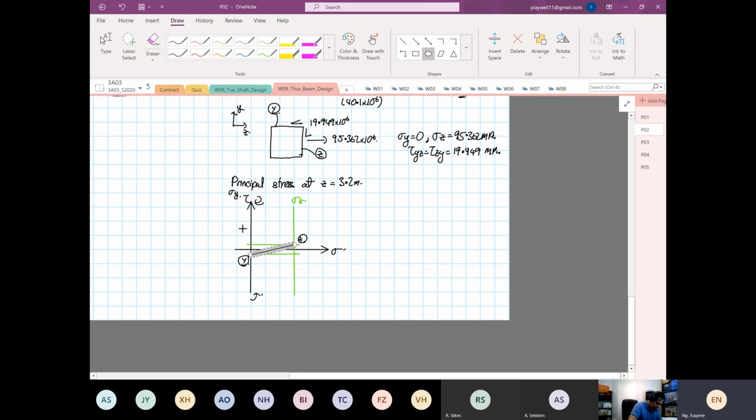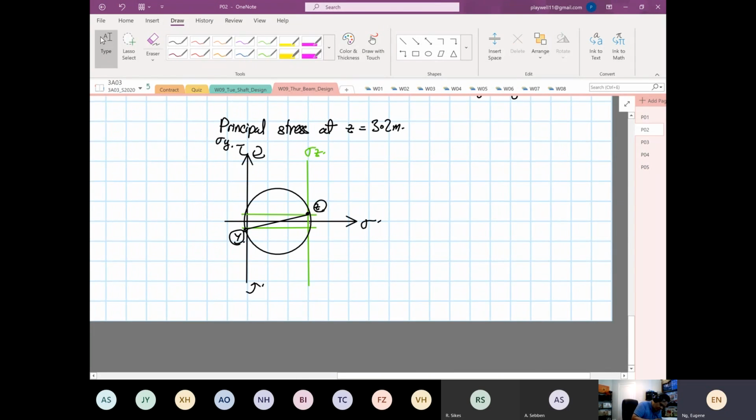This is just a sketch of my Mohr's circle. It does not look really like a circle, but good enough. Now we have to find stress 1 and stress 2.